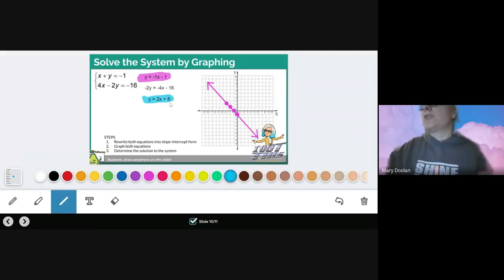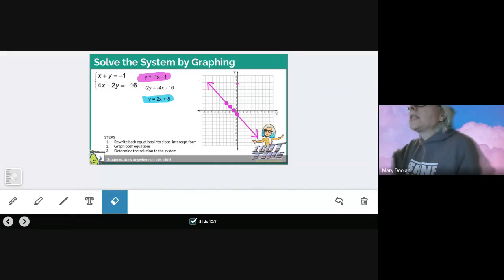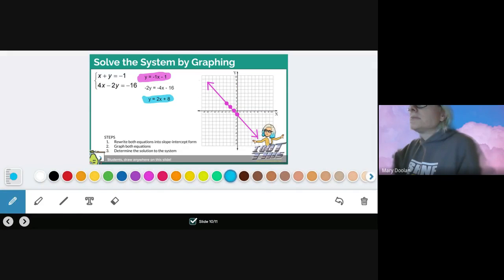Now I'm going to come over to my next equation, y equals 2x plus 8. My y-intercept is 8, which is up here. Let's do this in blue. My slope is +2, so for every 2 units I go up, I go over 1, or for every 2 units I go down, I go over 1 this way. Once you get a few points, you can then draw your line.